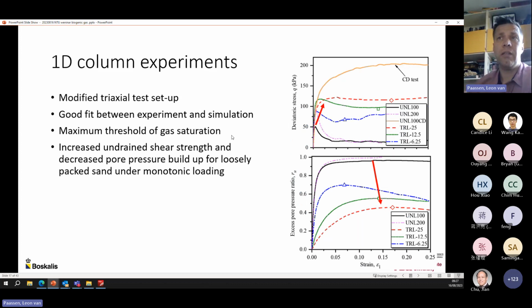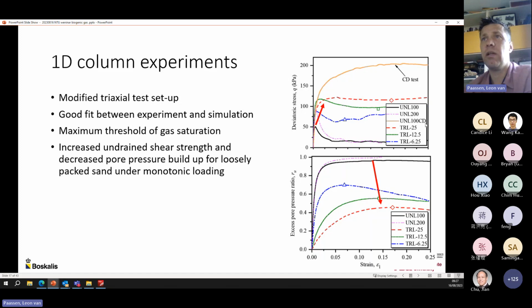We demonstrated there are limitations to our current model of predicting the degree of saturation, but we also demonstrated the actual mechanical effect. We did static monotonic loading on desaturated samples, and we showed that if you increase the substrate concentration, shown here as 25 millimolar, 12.5 millimolar, and 6.25 millimolar of nitrate, you convert from a relatively low deviatoric stress in undrained loading to behavior which almost looks like drained loading.